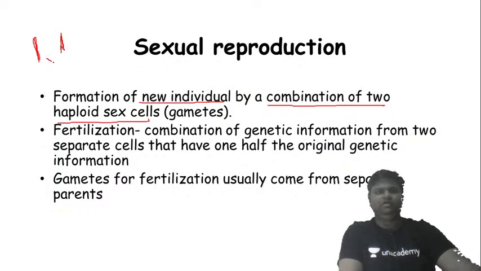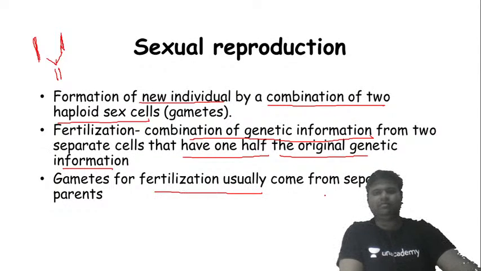So two haploids meet, forming a diploid condition. Fertilization is the combination of genetic information from two separate cells that have one half the original genetic information, and gametes for fertilization usually come from separate parents.